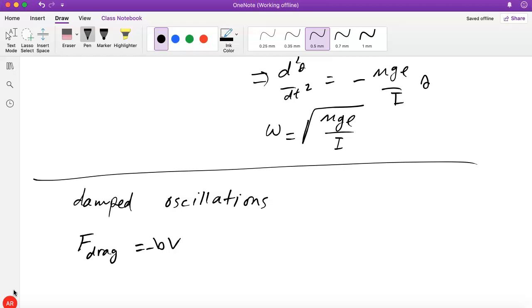So this is just a particular model. You may remember other types of drag forces that are proportional to velocity squared, right? That's what you would get for a gas that's being driven away in a turbulent way as you move into it. So there are various models.